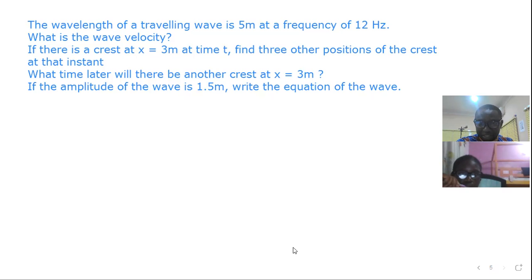And the next thing they ask us to find is, if the amplitude of the wave is 1.5 meters, write the equation of the wave. Now we are going to write the wave equation based on the values we're given.